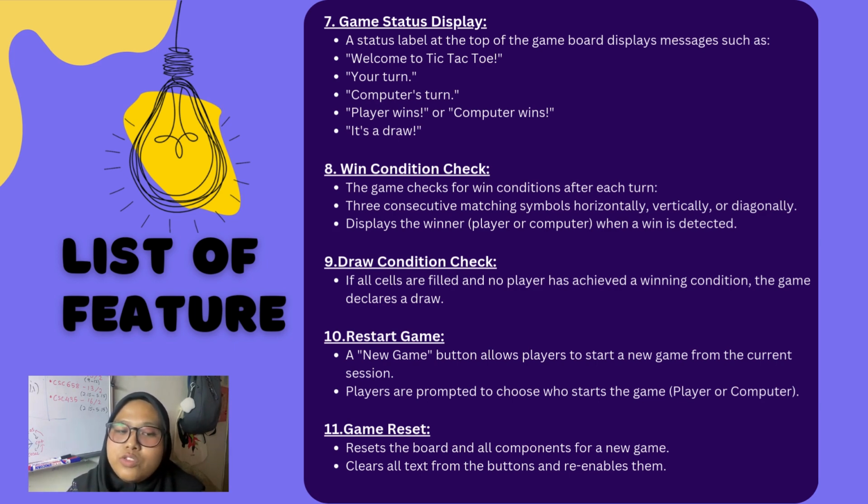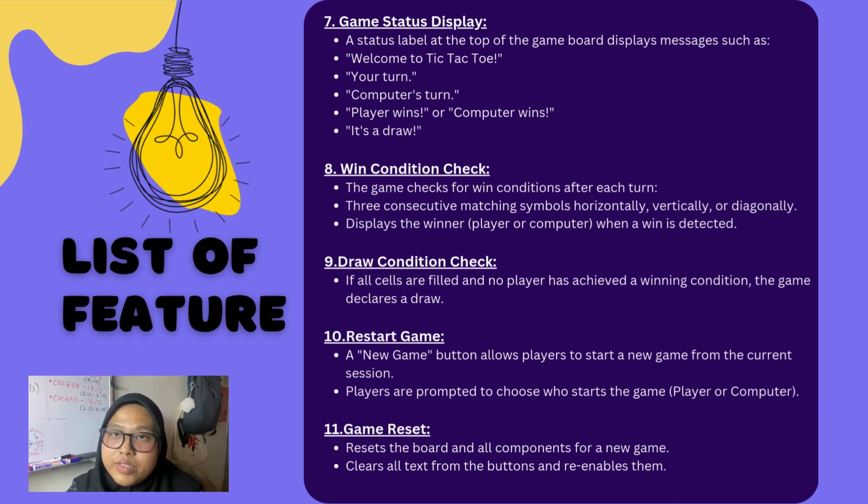The next one is the draw condition check, where all the cells are filled and no player achieves the winning condition. The next one is restart game, where there is a new game button and the player can choose to start a new game.